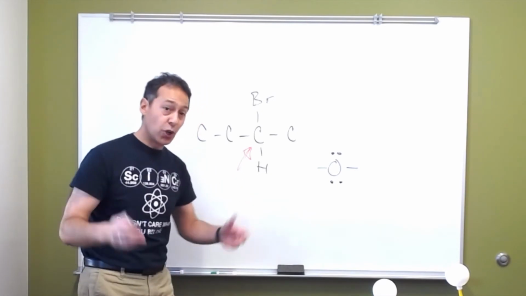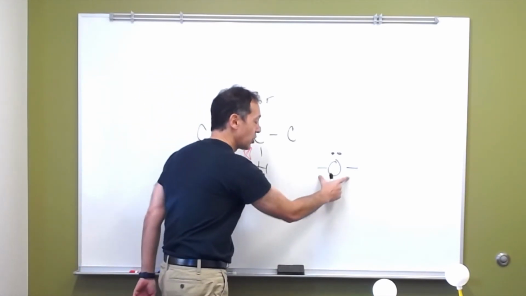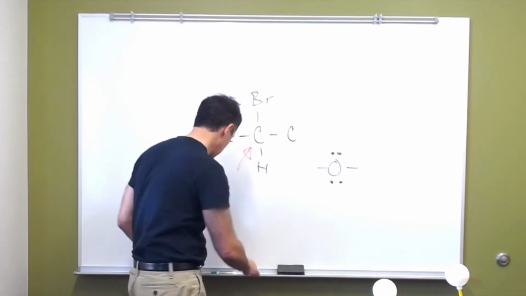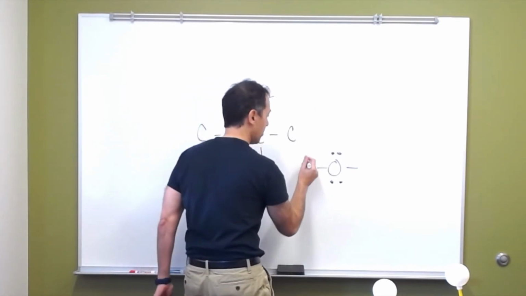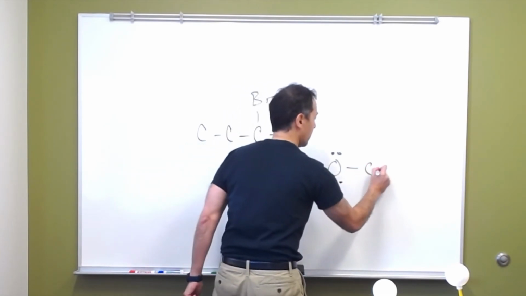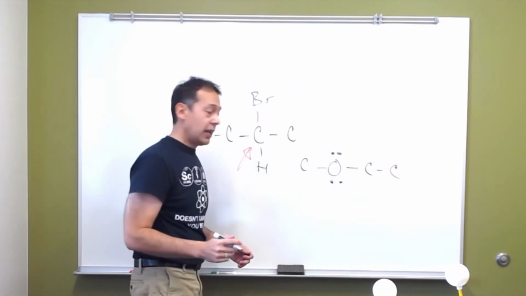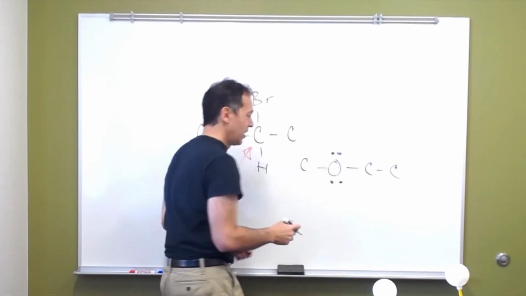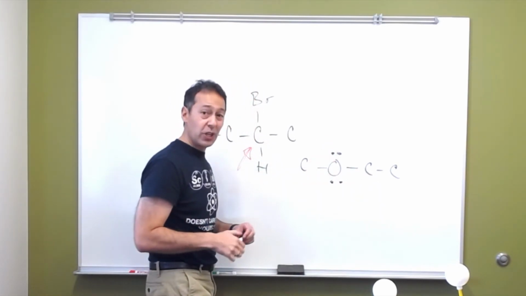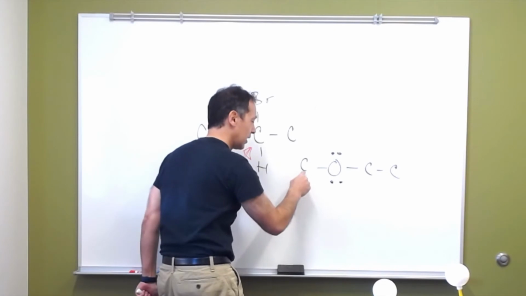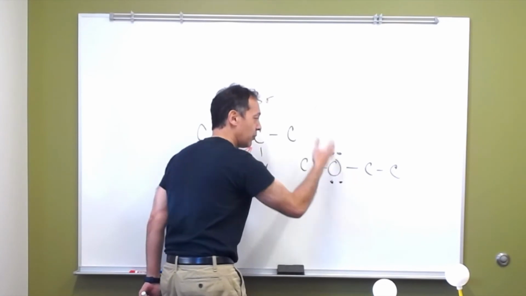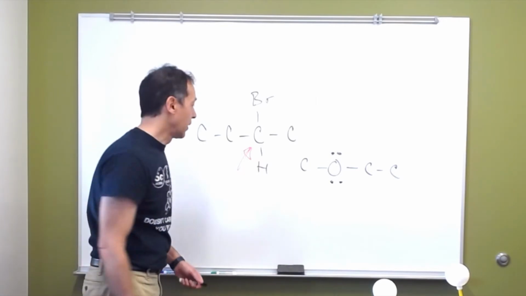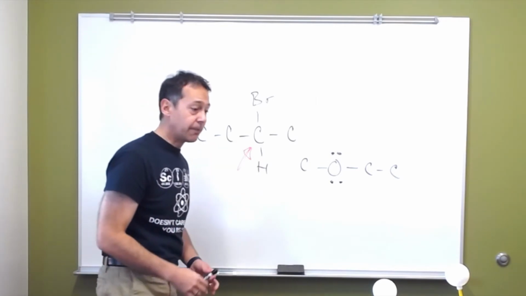And the answer is no. That's because an oxygen atom cannot have four unique things attached to it. You might have, say, a carbon here, and then a carbon like that, and those lone pairs, no. So there's really just three unique things: a methyl, an ethyl, and then lone pairs. So an oxygen atom cannot be chiral, but carbons definitely can.